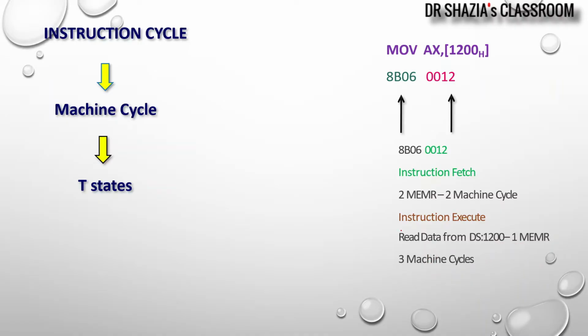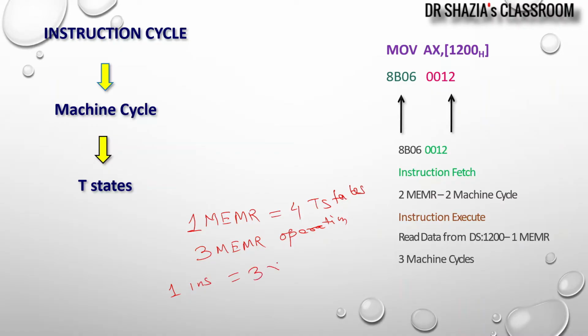Let us assume one memory read requires 4 T states, and this particular instruction requires 3 memory read operations. So in turn, one instruction cycle will require 3 into 4, 12 T states.